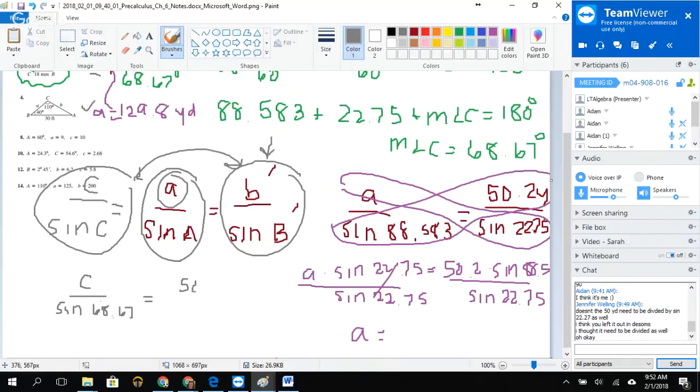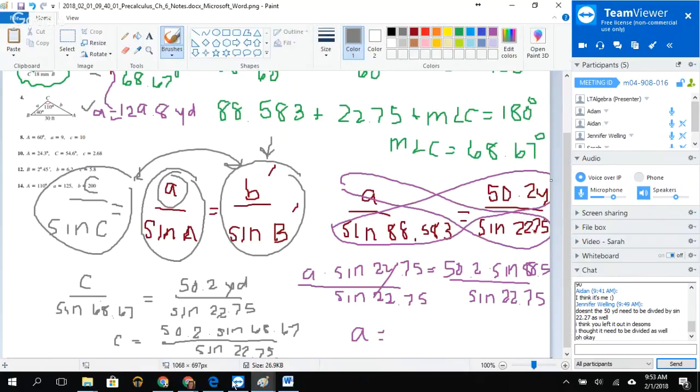So 50.2 yards over the sine of 22.75. So then when I solve for C, again, cross multiply, I'm going to end up pretty much with the same formula. So I'm going to end up with C equals 50.2 times the sine of 68.67 over the sine of 22.75.